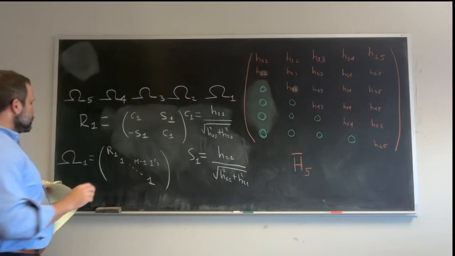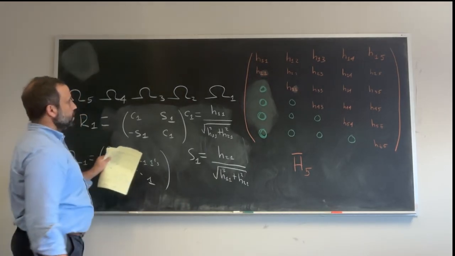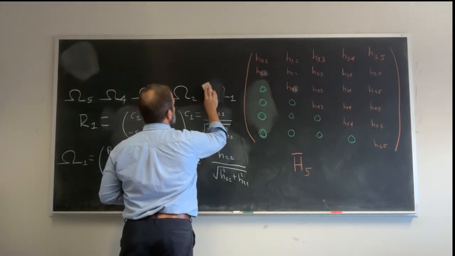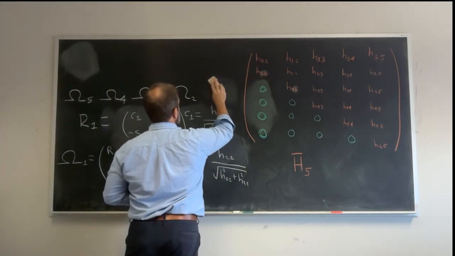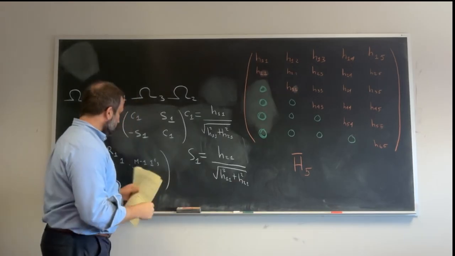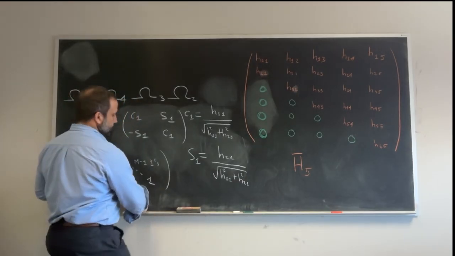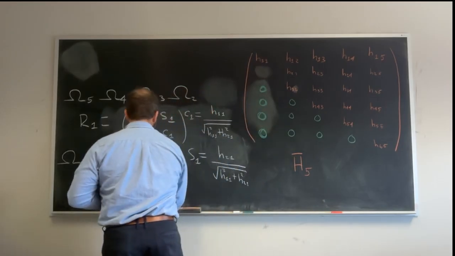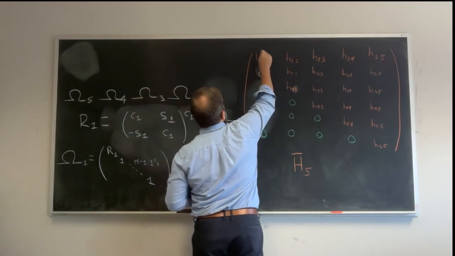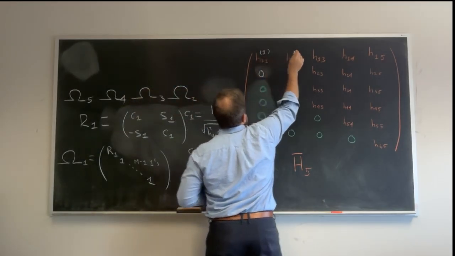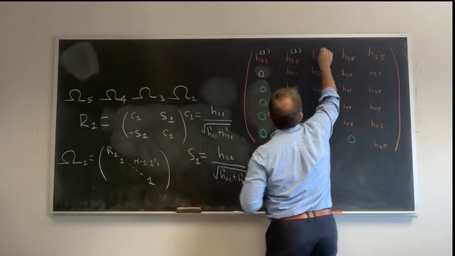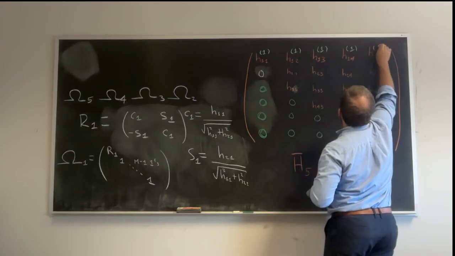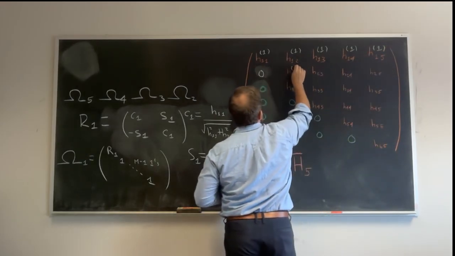So let's imagine that I have done omega 1. I'm going to erase this because I'm going to imagine that I've done it. Now all of the entries in the matrix have changed a little bit. So this is going to be equal to 0. I'm going to put a 1 here to denote that we have done one rotation to it, or one of these omega operations to it.